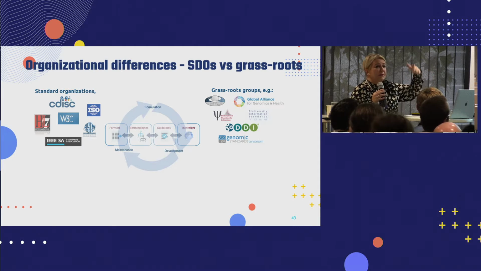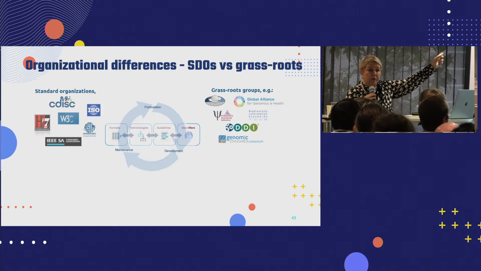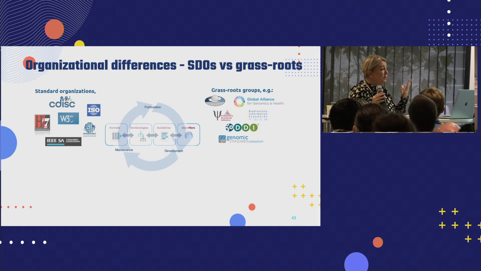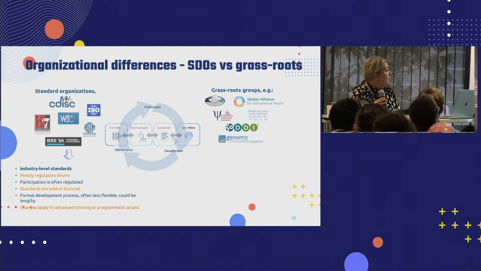They come from EOSC, they come from other areas. There are examples from the life sciences, examples from the astronomy community like IVOA. But more or less, the community works together on designing, formulating, developing, and maintaining the standard or other type of artifact. But obviously what we realize is that sometimes the clash is in the culture, is in the process as well.